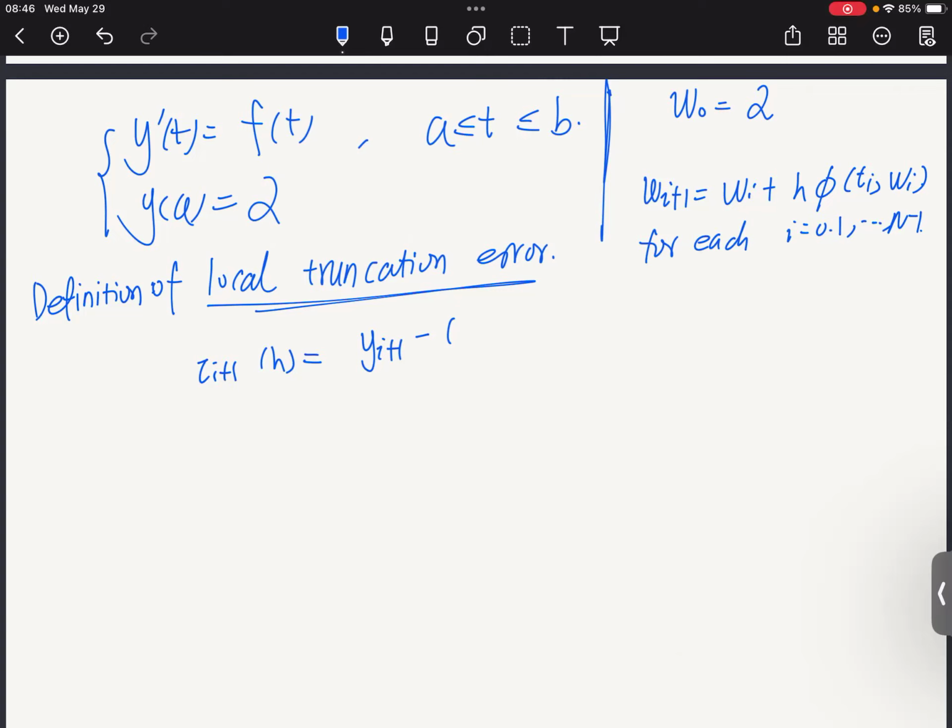So let's plug y_(i+1) into that equation, and let's plug y_i into this equation, and then there we get the error here.